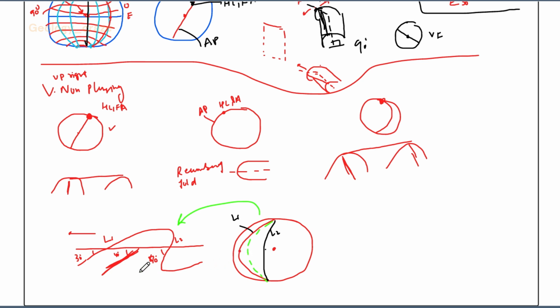So you have to understand this way: the outer one has less angle and the inner one has more angle, and both are in the same direction, toward west. So we can say that this is an overturn fold.